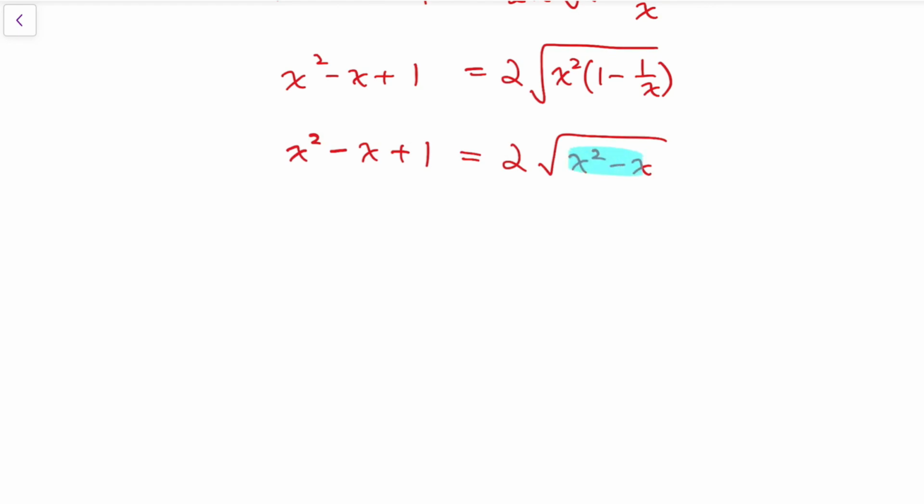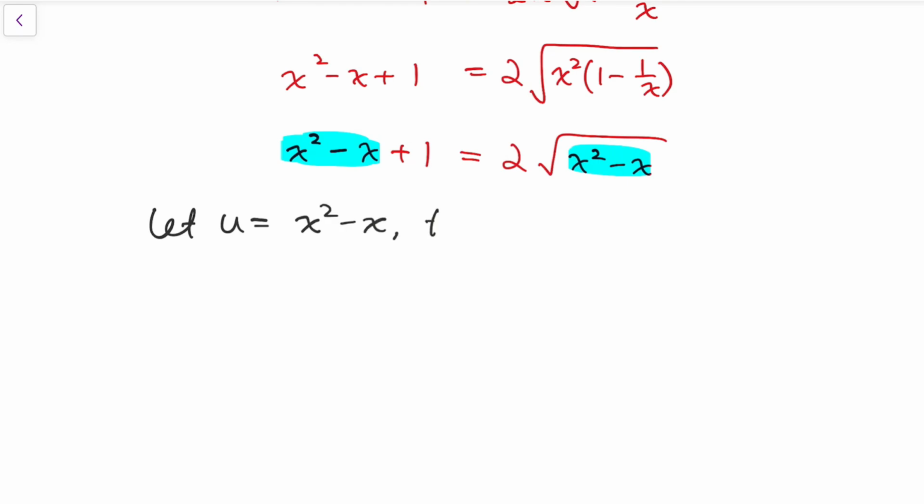Now you can see that the expression inside the radical sign, x squared minus x, appears a second time at the left. So we can actually form an equation about x squared minus x.